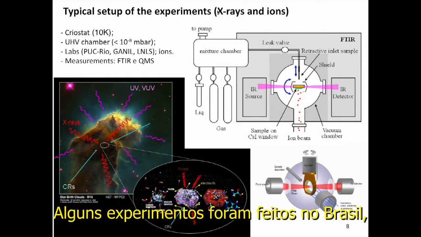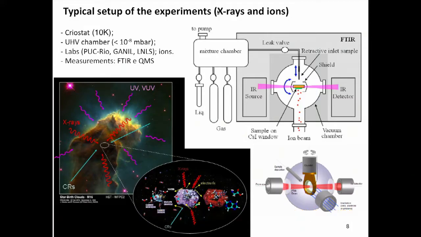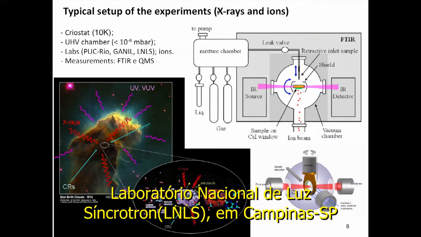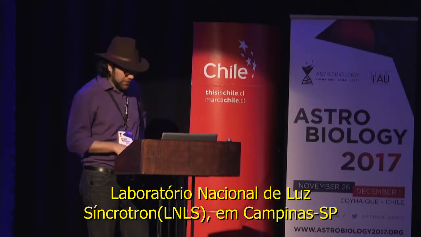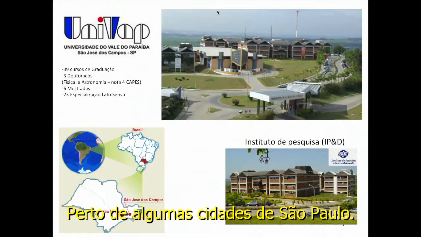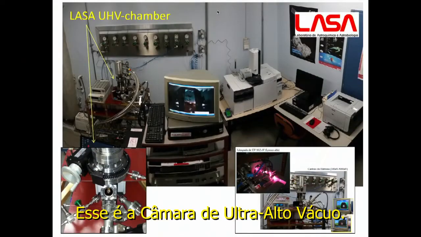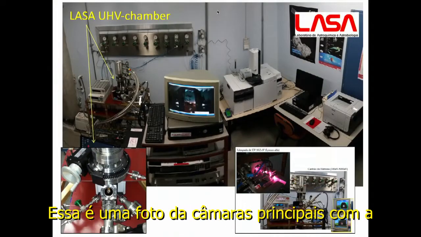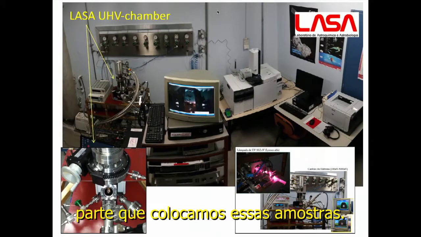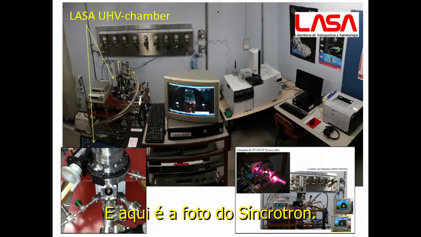Okay, some experiments were performed in Brazil using this machine in my institute, coupled to the synchrotron in Campinas city, close to São Paulo city. And this is the ultra-high vacuum chamber. This is the picture of the main chamber with the part where we deposit the sample. And here is the mount in the synchrotron.